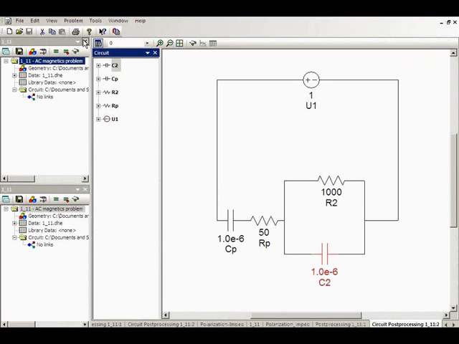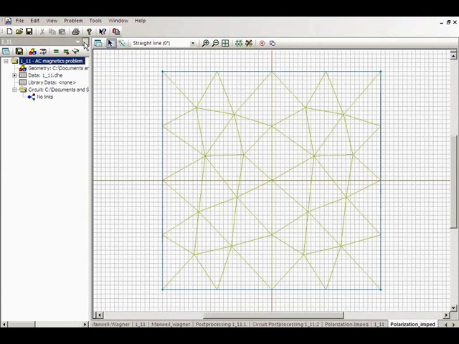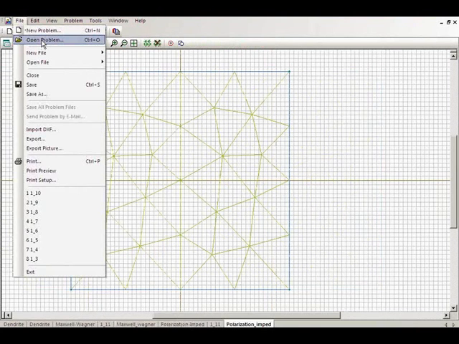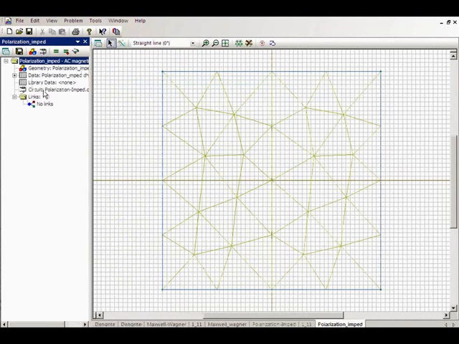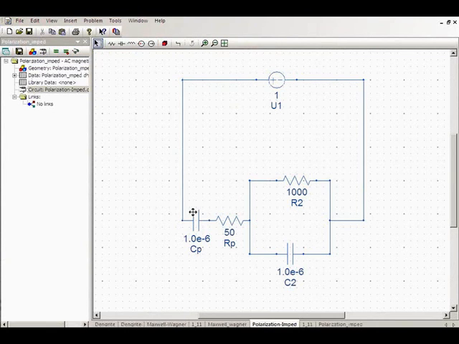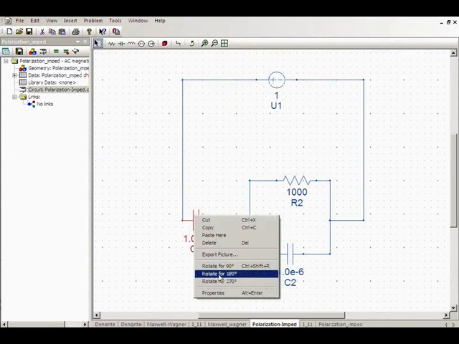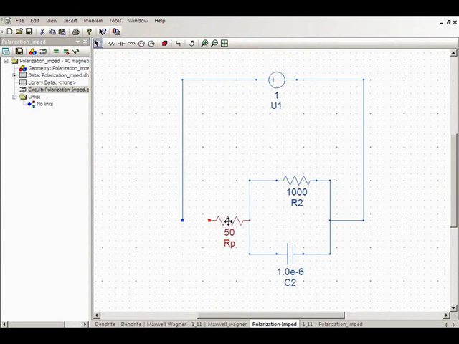So if we go back to our original model, which I will open here, I'm simply going to remove the polarization capacitance here.